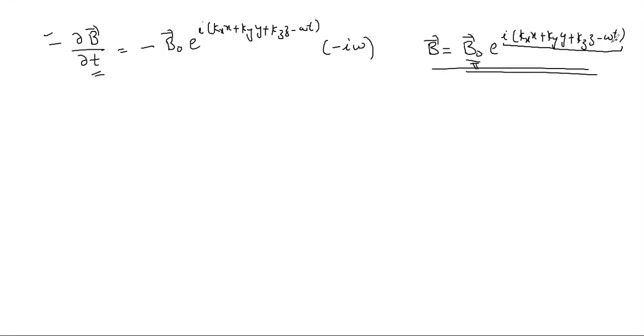In the three terms the derivative with respect to time would be 0 because your time and space coordinates are independent of each other. So you have minus minus would become plus here. You will have iota omega, and this term is nothing but your magnetic field back here. So this will be your right hand side of Maxwell's third equation.